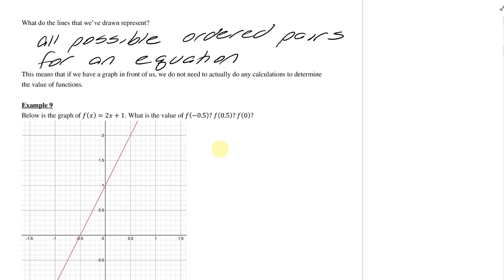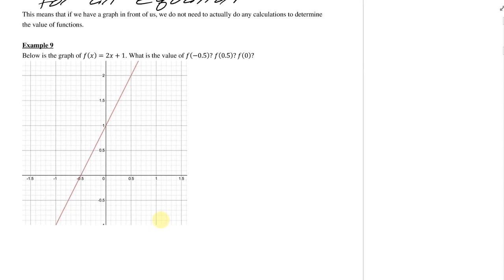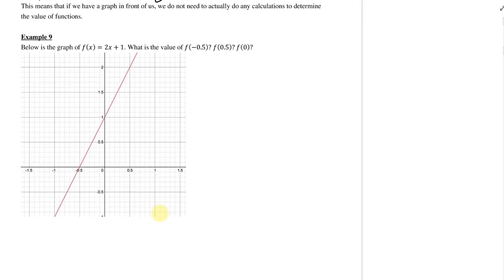And so now what I want to do is remind you of one thing with functions. We've seen this in the past, but I want to remind you of this. There's this relationship now between functions and graphs that I'm trying to establish here. We've done this exercise in another part of the book, but let's say that I want to evaluate f of -0.5.